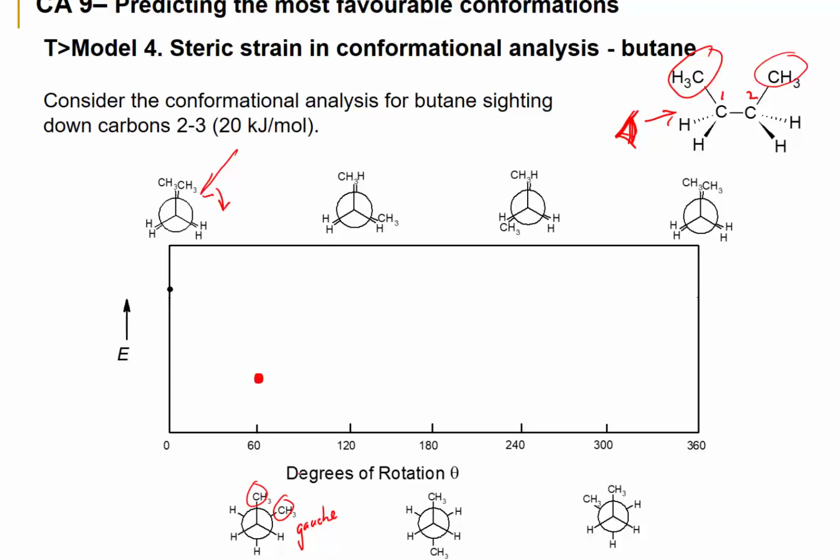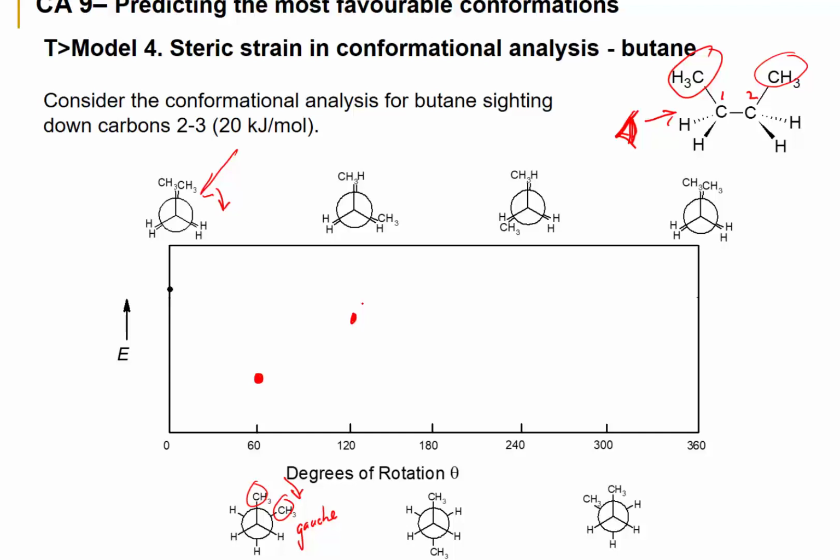We allow for further rotation, and we end up arriving again at an eclipsed. But as we saw in the animation, this eclipsed is not quite as high energy. So I'm going to draw it right here. But note, any eclipsed is still higher energy than any of our staggered.